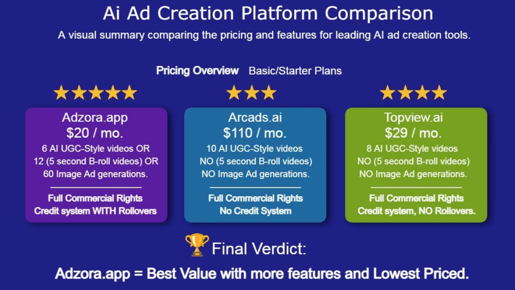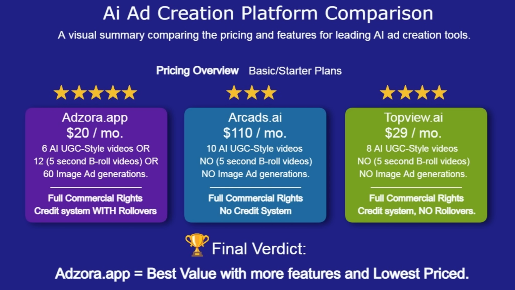So from a cost to output standpoint, Adzora offers incredible range and the most user-friendly pricing structure here. Next up is Arcads, priced at a hefty $110 per month. Now you do get 10 AI UGC style videos, but notice there's no support for image ad generations or short B-roll clips at this price tier.